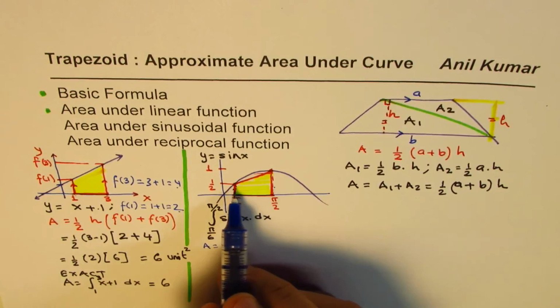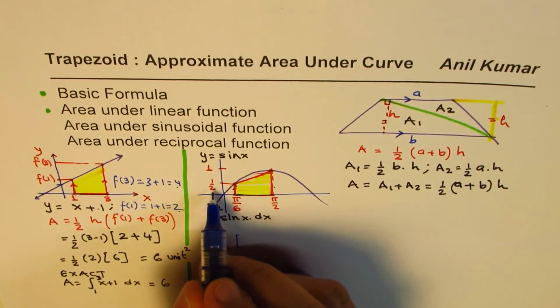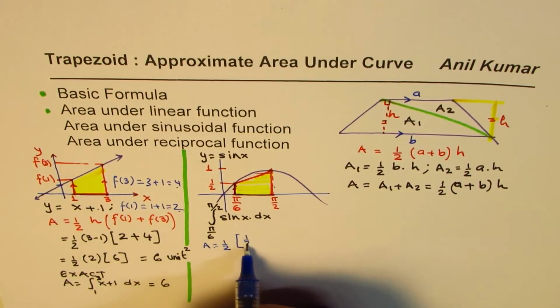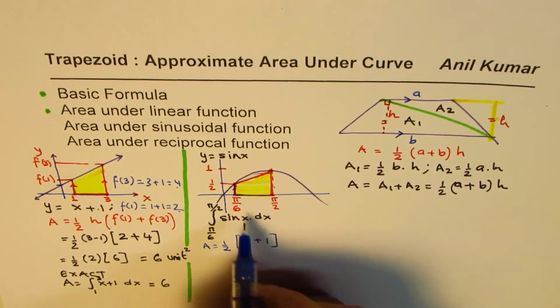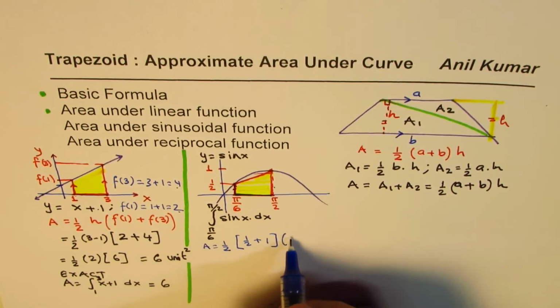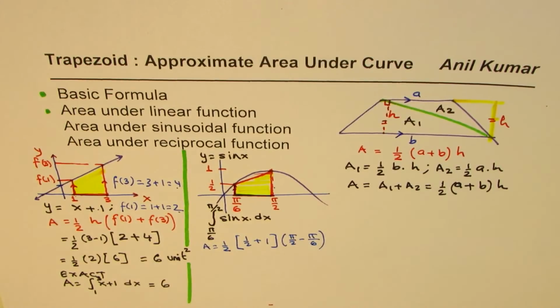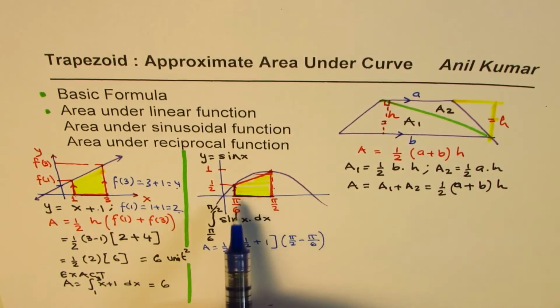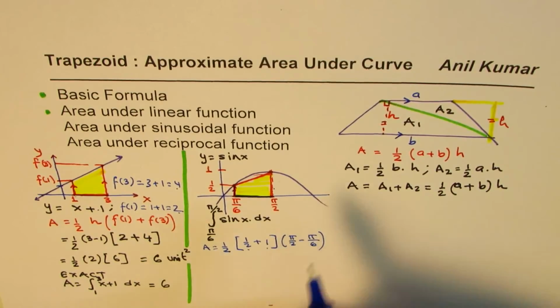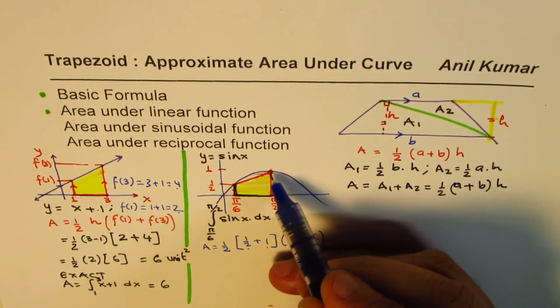Sum of these 2 sides is, as you can see, half and 1. This is half, and that is 1 unit. So it is half plus 1 times distance between these 2, which is pi by 2 minus pi by 6. No difficulty, right? So pi by 2 minus pi by 6 is the difference. And these 2 are these sides, half and 1.